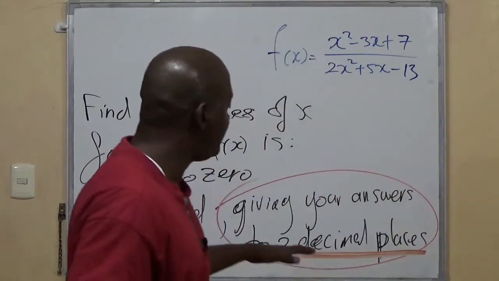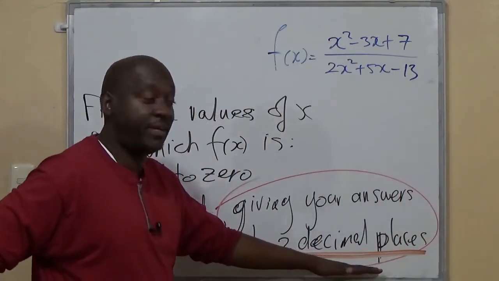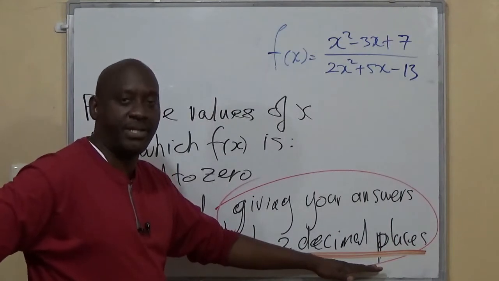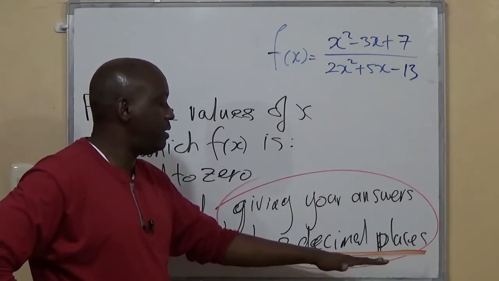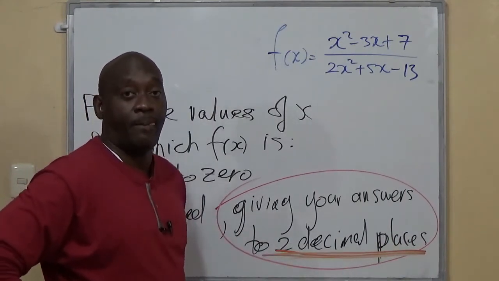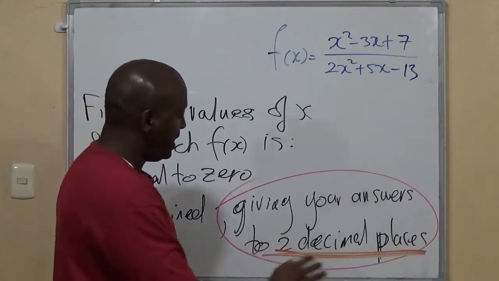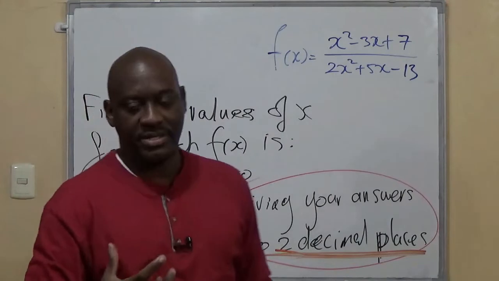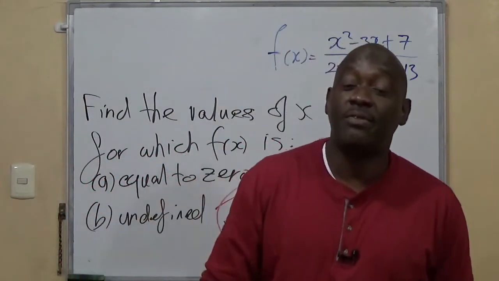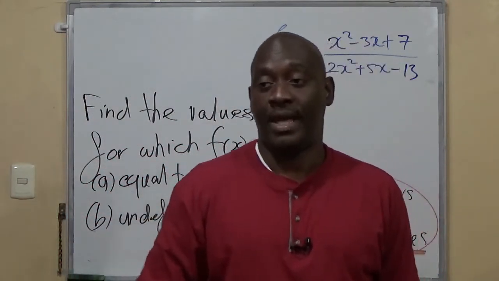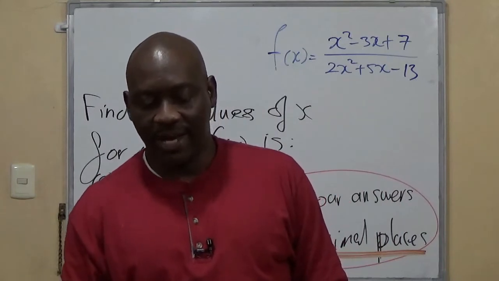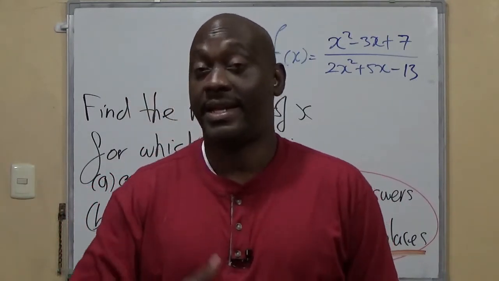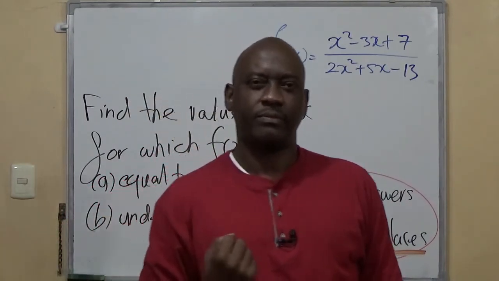Once you see that, that is them walking up to your face and slapping you in your face and saying, use the quadratic formula. In other words, when they put this, they are saying to you that the expressions cannot be factorized, and insofar as you can't factorize, then you have to do something else.